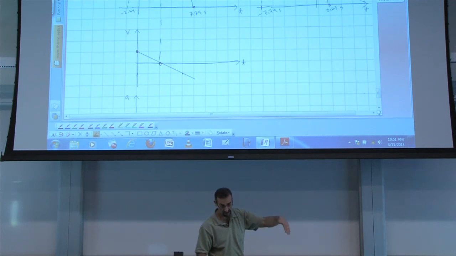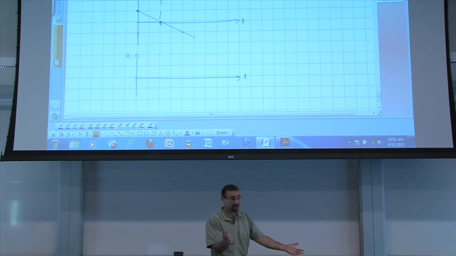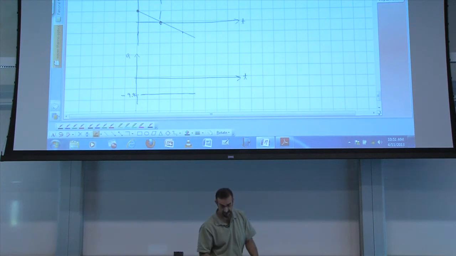So the slope of the position versus time curve is changing. But acceleration is constant. So the slope of the velocity versus time has to be the same everywhere. That means it's a straight line, right? The slope's the same everywhere. So it's a negative 9.8. And that's the acceleration versus time graph.